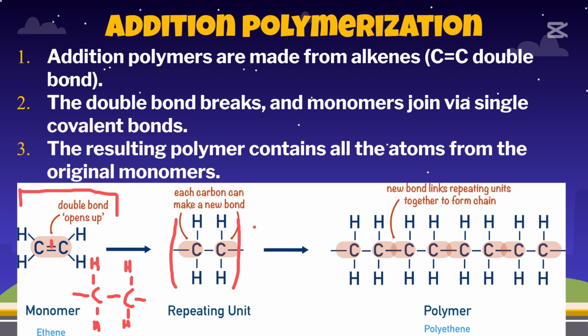Now if you were to add multiple ethene molecules together, let's say these are the 2 ethene molecules, and we add them together, note that this bond here would be joined to this bond, right? So this and this would join together, and that's how we get something looking like this. That's how we get our polymer, right?